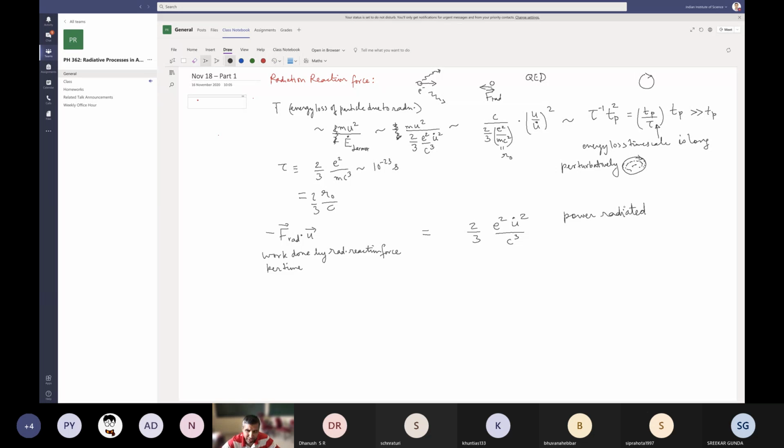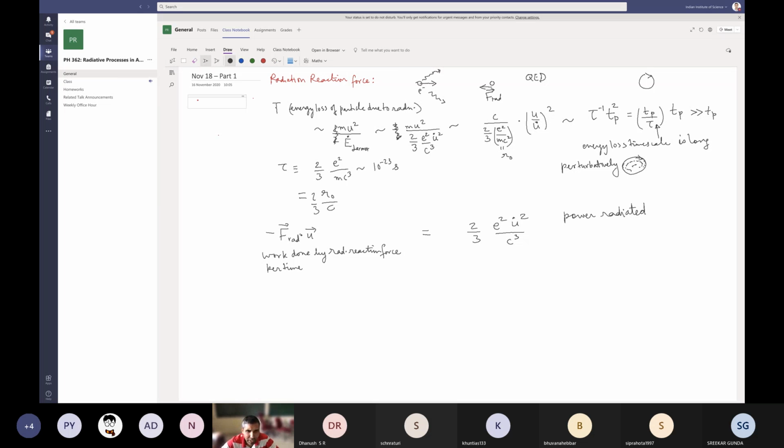From the energy principle, whatever the radiation force is acting on it, it should act in the opposite direction. So this term should be positive, and this should be equal to the power radiated. So whatever work the radiation force does on the particle comes out as energy. This is like an energy conservation.